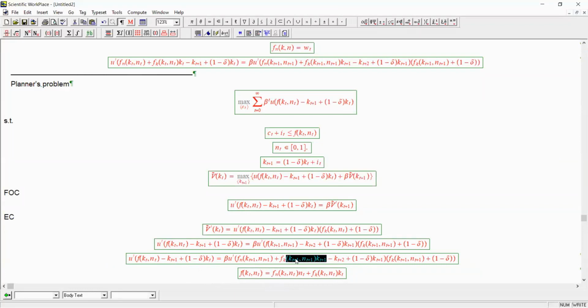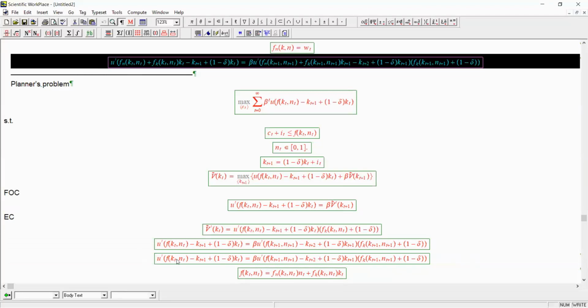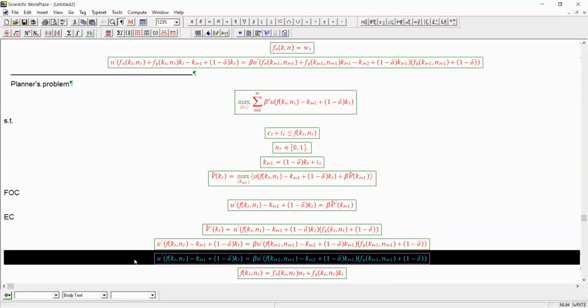Well, here is the same thing. This is also output tomorrow, except that it's at date t plus 1. So let's give it a plus 1, plus 1. And there you have it. The two are actually the exact same condition. So the Euler equation that you get from the market problem is the same as the Euler equation that you get from the planner's problem.